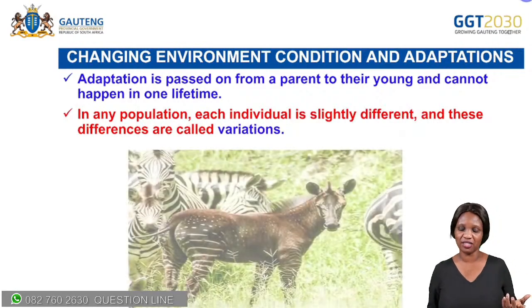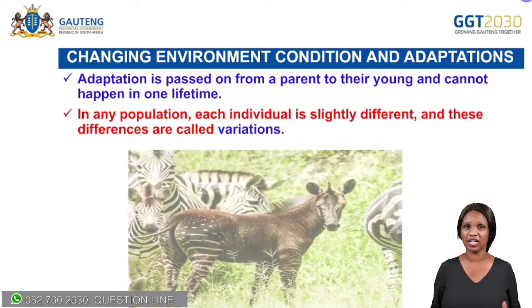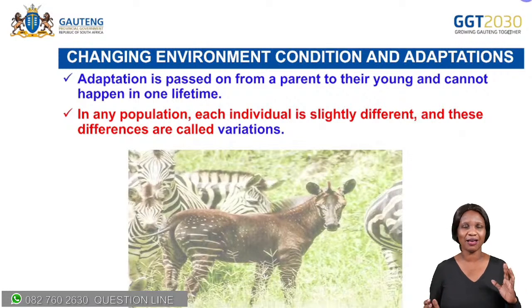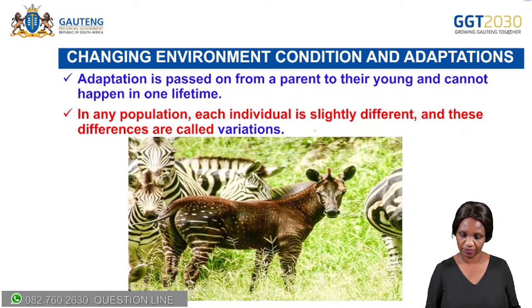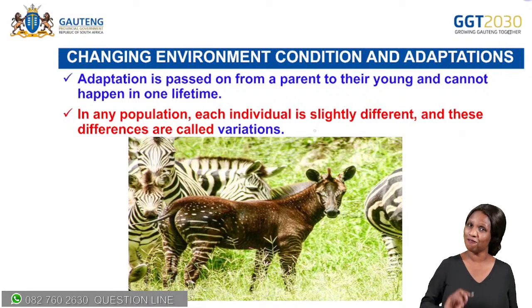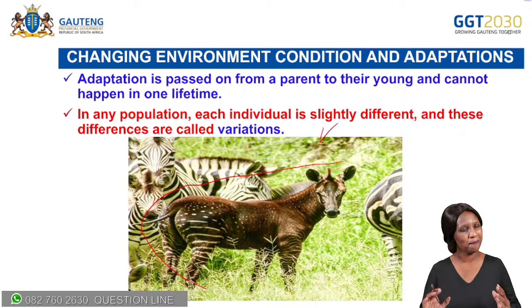Even in different types of animals, if you look at a population, you will see that there is a difference between these animals. For example, we've got a picture of zebras. Just look at the zebras. Look at this one. It's different. This is what we call variation. But it doesn't happen overnight.